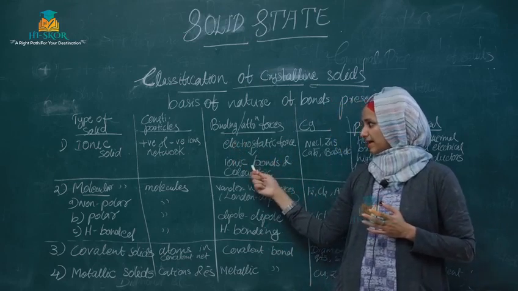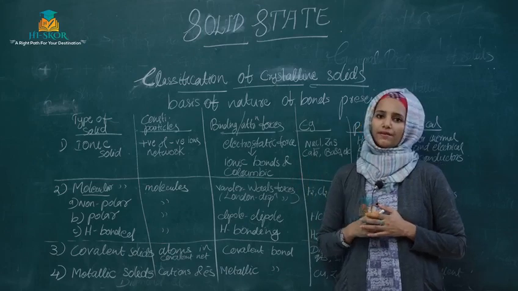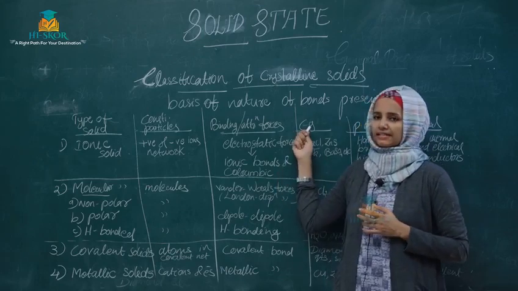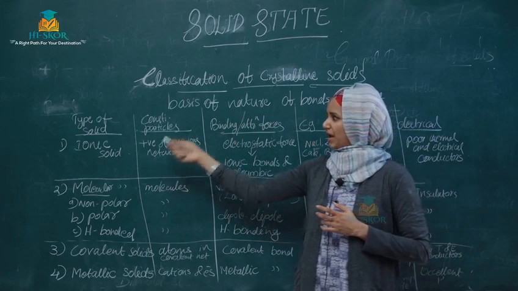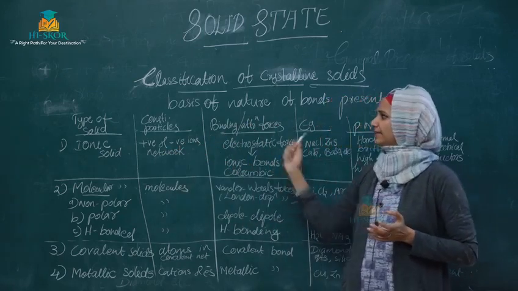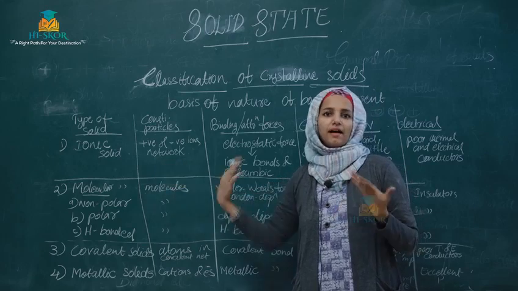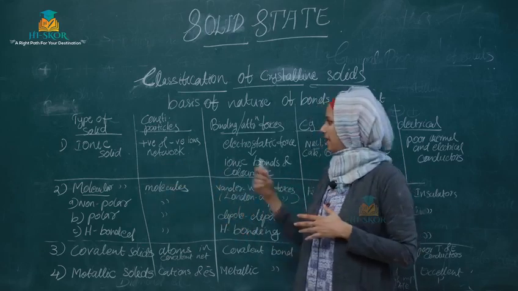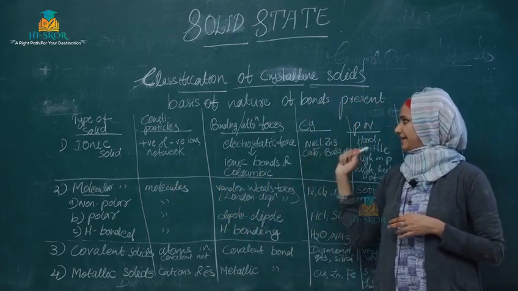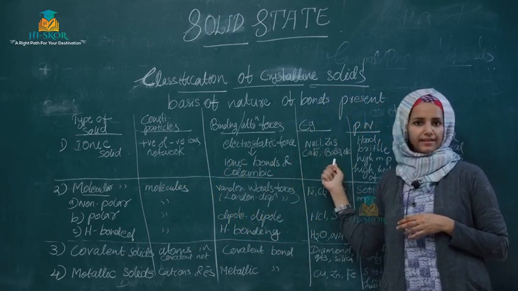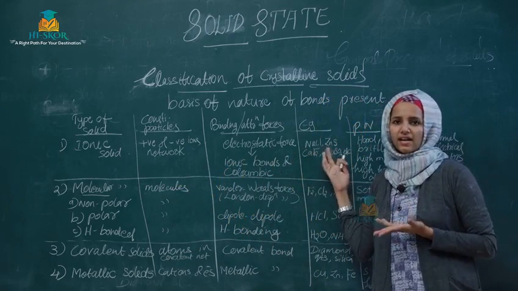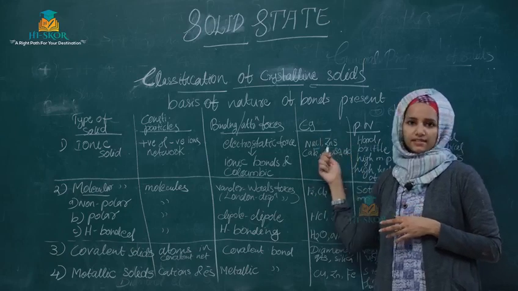Then a few examples of ionic solids. As I told you, they consist of both positive and negative ions. So, we have tremendous examples: NaCl, ZnS, CaF2, BaSO4, K2SO4, etc. are some of the examples of this type.